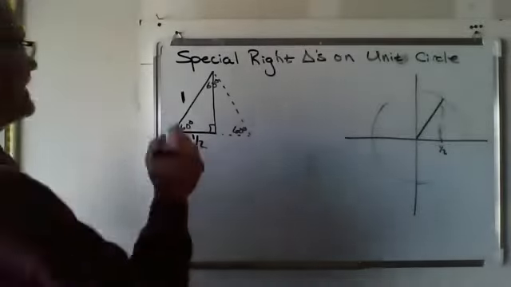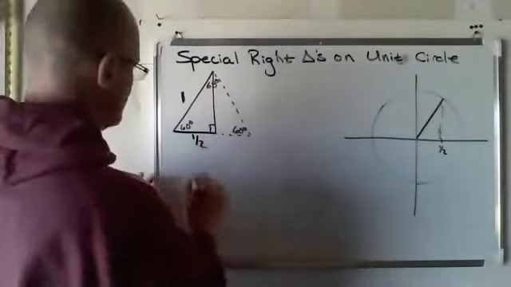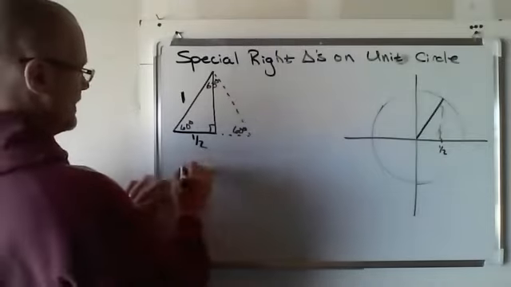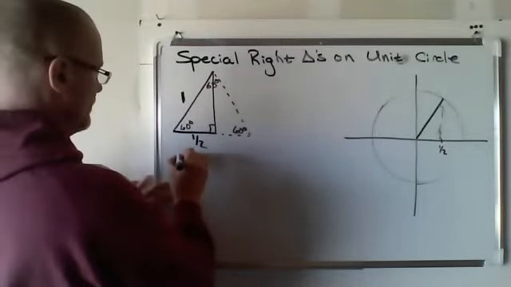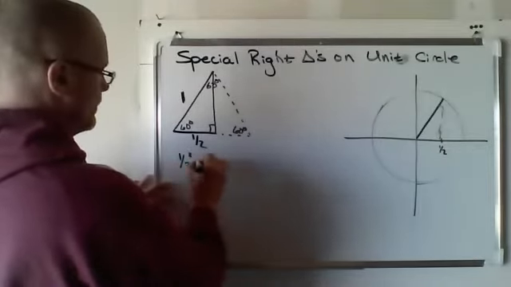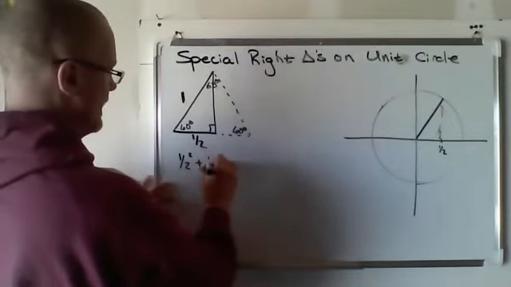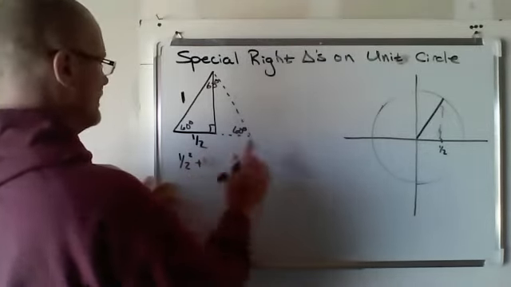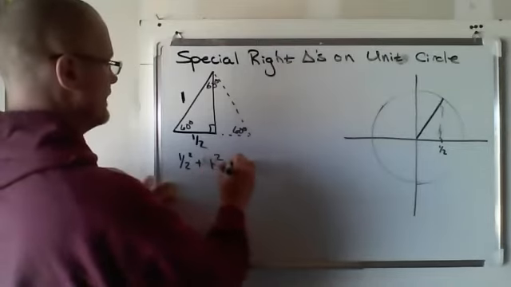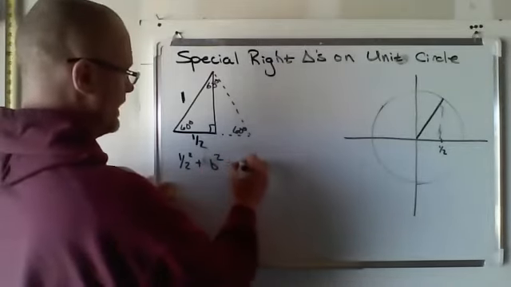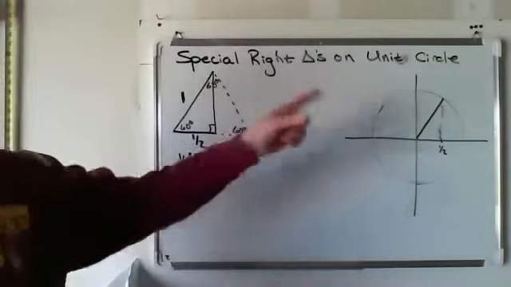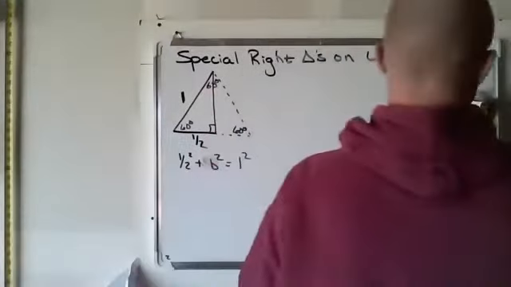And then this piece here, you can do a little bit of math to get to it. If you want, you can solve this. 1/2 squared plus the height, we'll say b squared, is equal to the hypotenuse squared, which is 1 squared. Or right now, what do we know about this point?